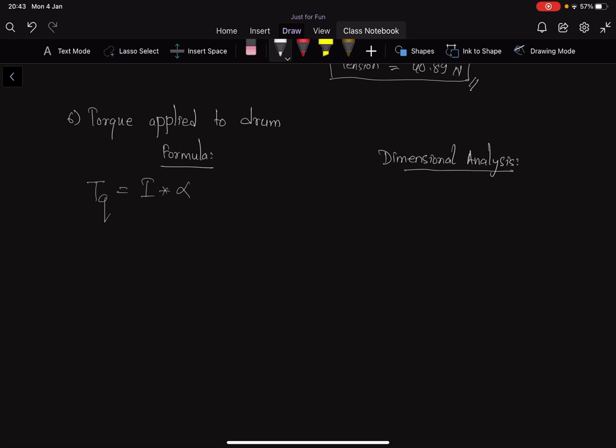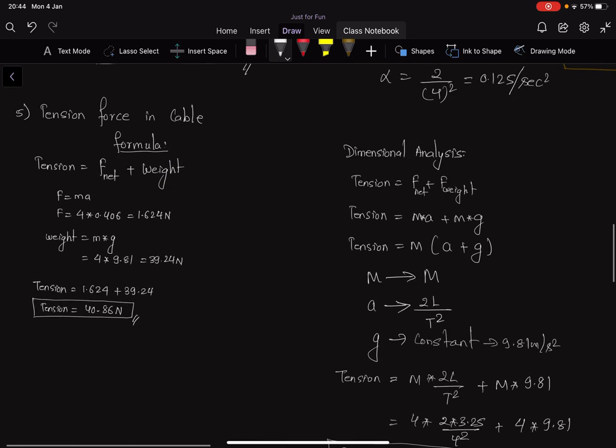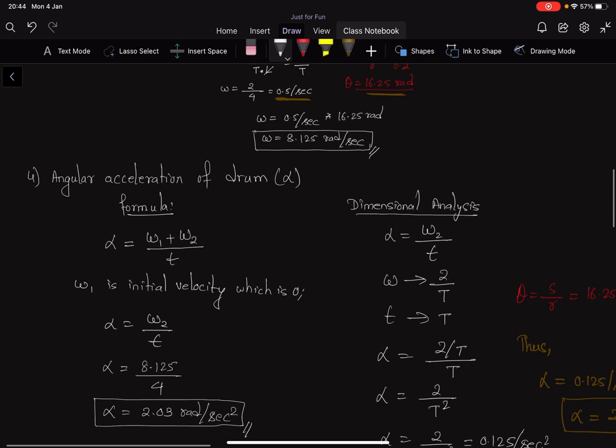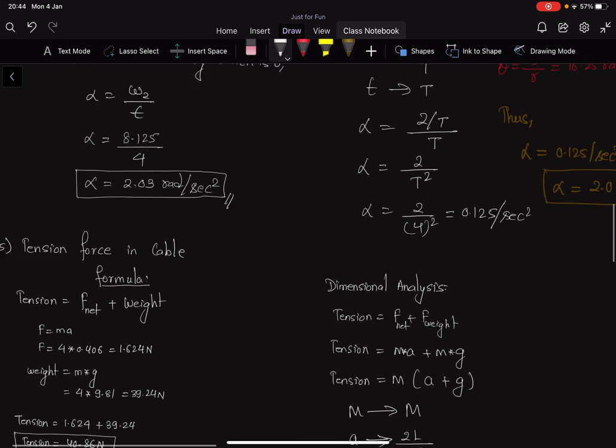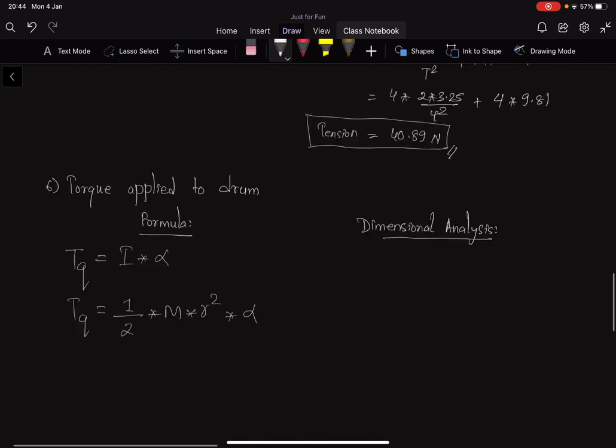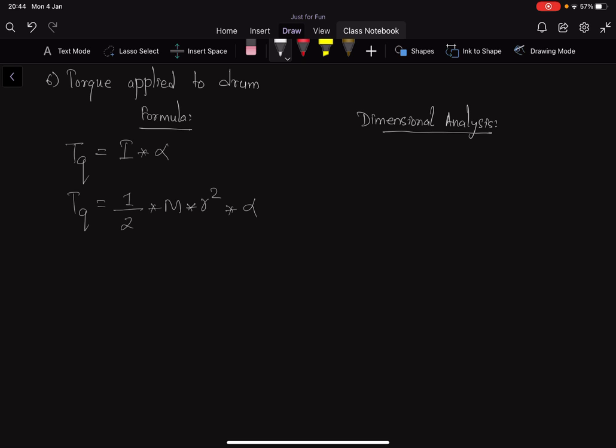The formula for inertia is half times mass times the radius squared of your drum, and times the angular acceleration we already calculated in number 4, the angular acceleration of the drum. So we have already got that value, which is 2.03. We're going to use that value to find our torque.